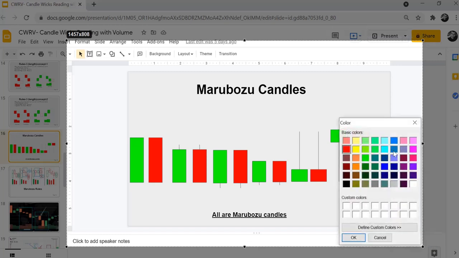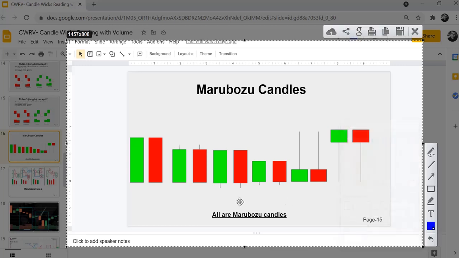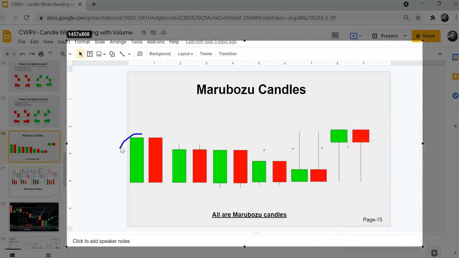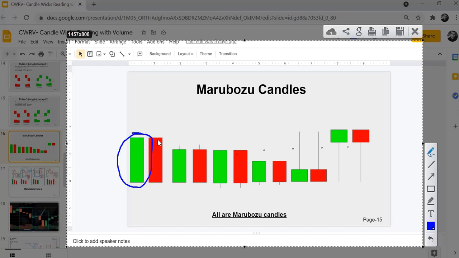If you see a candle with no wicks, it is a one-sided candle. This candle has no wicks, that means this candle is Marubozu. This candle also has no wicks, so it is also Marubozu.